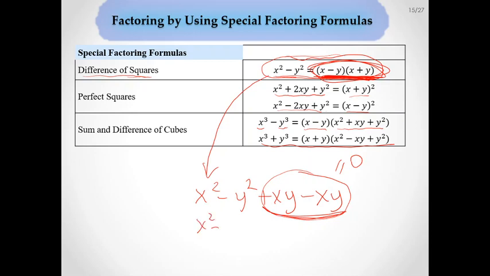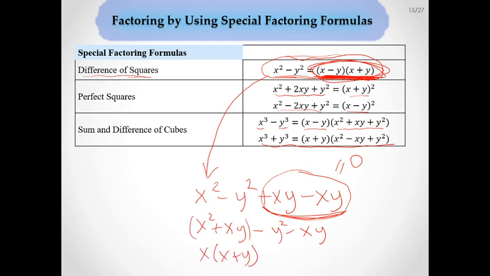x squared plus xy minus y squared minus xy, and then this will give us x times x plus y. And look at this group.